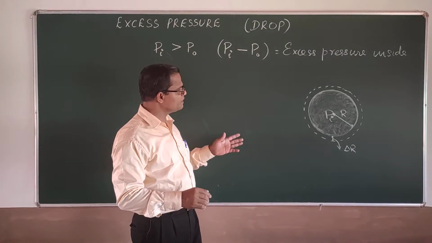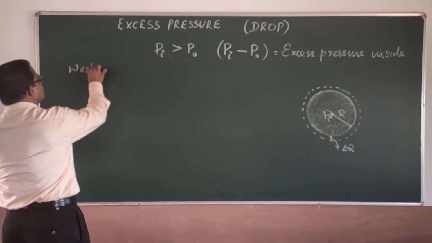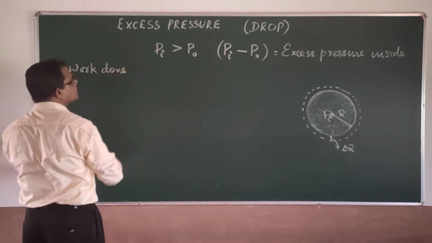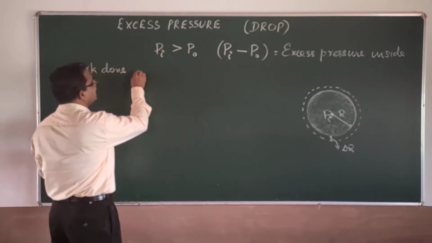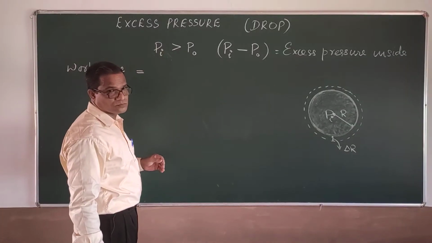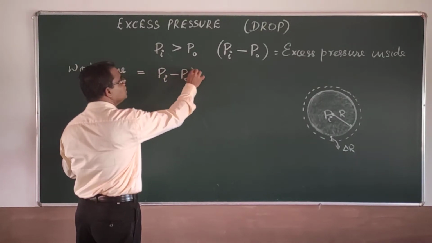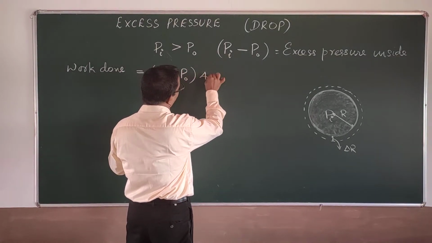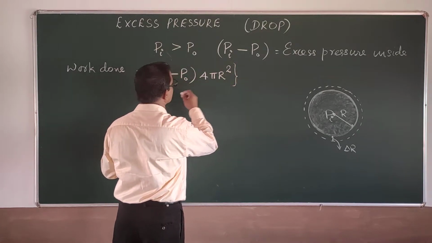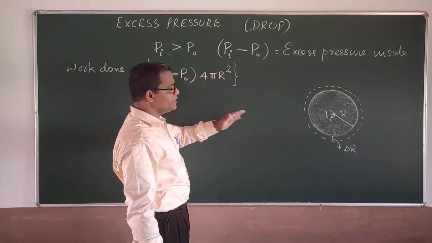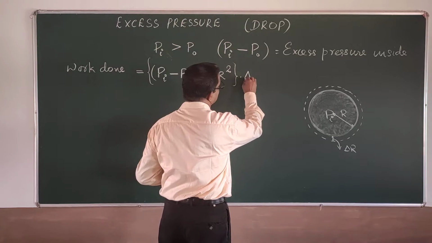Then we can find that the work done in increasing the size of the drop is equal to the force due to pressure, Pi minus Po, into 4 pi r square. This is the force due to the excess pressure acting outward, into delta r.